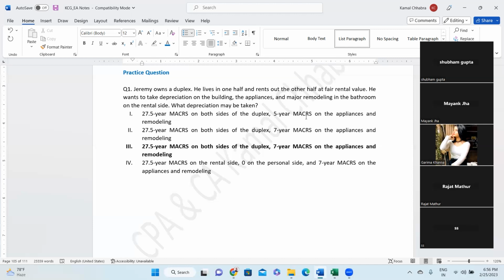The fourth is 27.5-year MACRS on the rental side, zero on the personal side, and 7-year MACRS on the appliances and remodeling. Which depreciation should he use? So the second and third options are the same. Yes, there might be some typo.